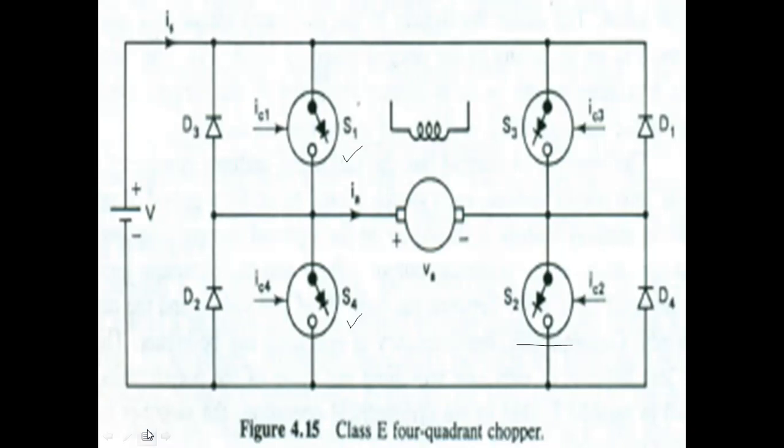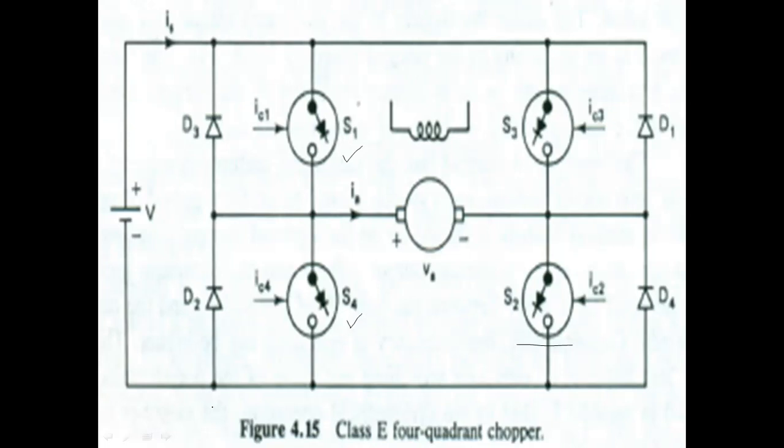If the armature current is only in one direction, positive means first quadrant, and negative means second quadrant. If it can operate in both directions, we get both quadrants 1 and 2.